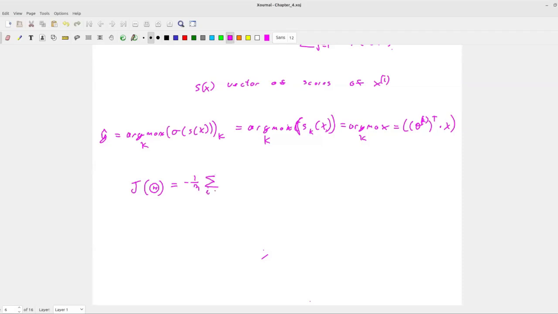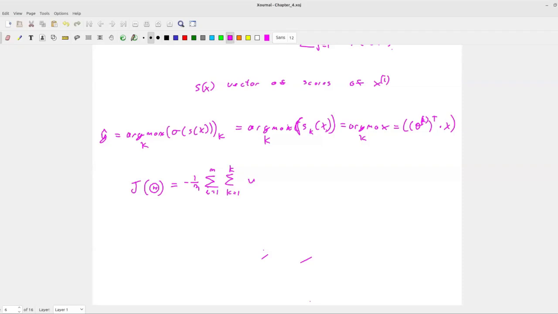Summation of i equals 1 to m, and summation of k equals 1 to K, because now we have multiple classes.